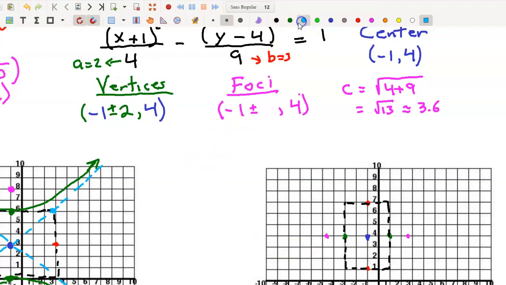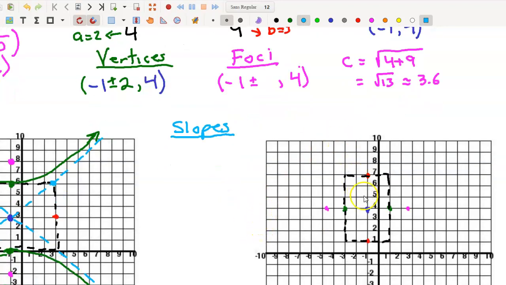Okay. And our asymptotes, our slopes. Okay. Slopes will be up 3 over 2, plus or minus. Rise is 3, run is 2 in both directions. There we go.